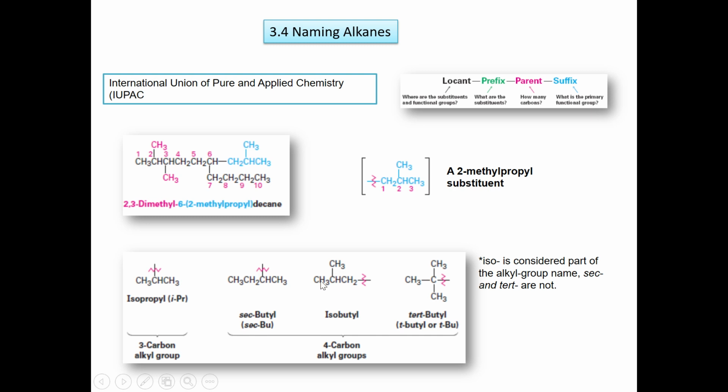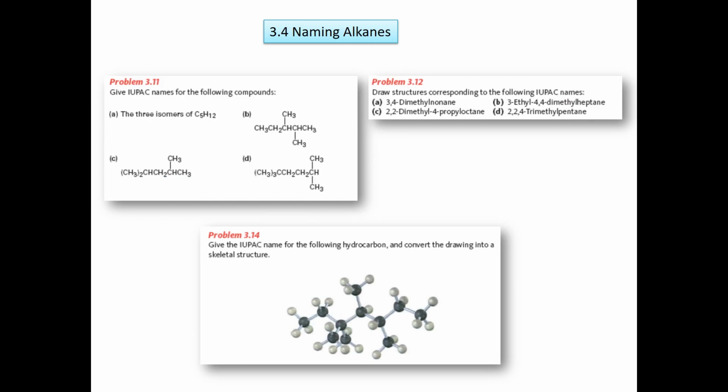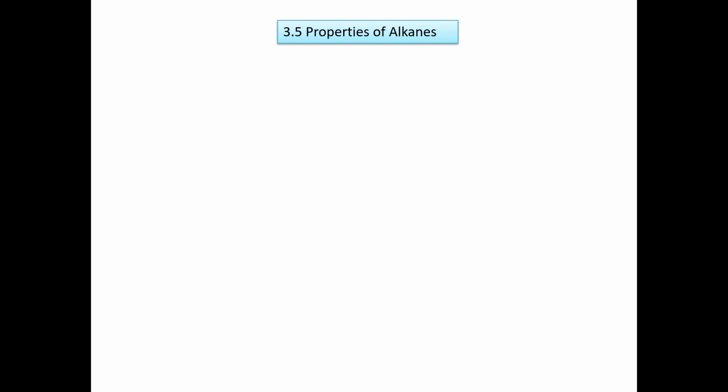If it's like this, isobutyl, and if it's like this, it's tert-butyl. And remember that the only part that counts for alphabetical order is the butyl, not sec or tert. Okay, here you have some exercises to do at home.